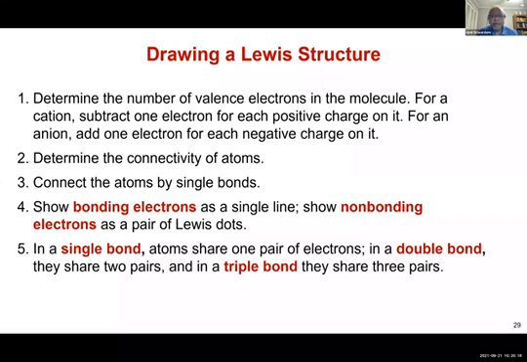The bonding electrons could be from a single bond, the sharing of 1 pair of electrons, or a double bond, sharing 2 pairs, 4 electrons total. A single bond is 2 electrons total. A triple bond is 6 electrons total, or 3 pairs. So there could be single bonds, double bonds, and triple bonds in a Lewis structure.